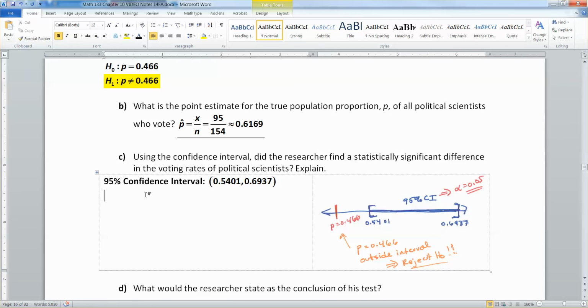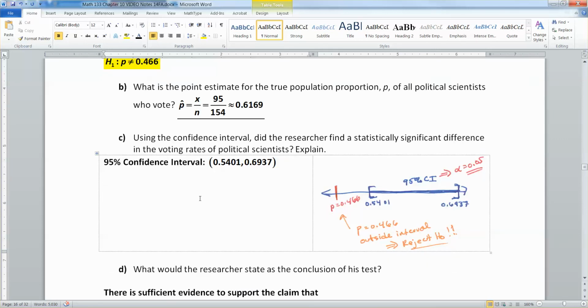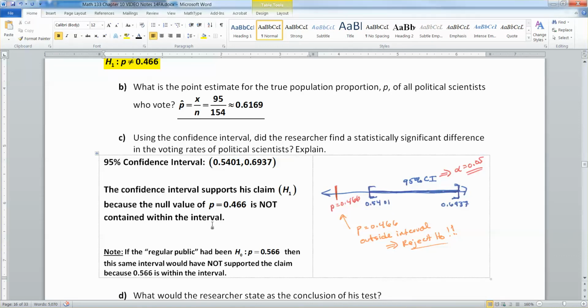And so therefore, the interval supports his claim that the political scientists are different than the regular people, because the regular people are over here at 0.466, which is not included in that interval. All right, so again, the confidence interval supports his claim, which is H1, because the null value of 0.466, P equals 0.466, is not contained in that interval.